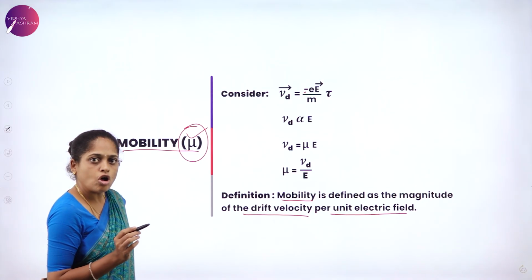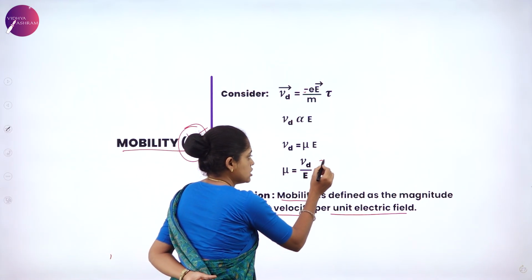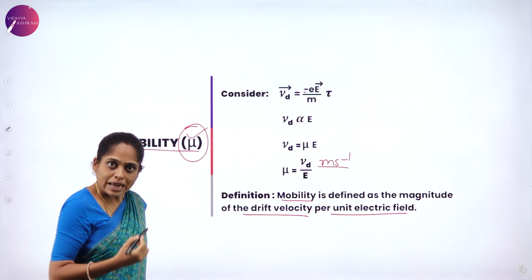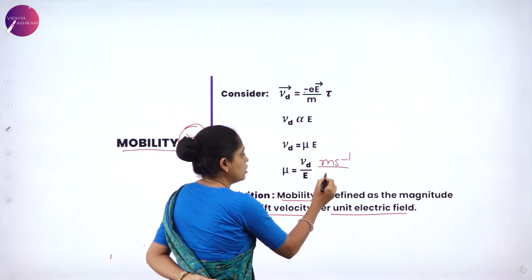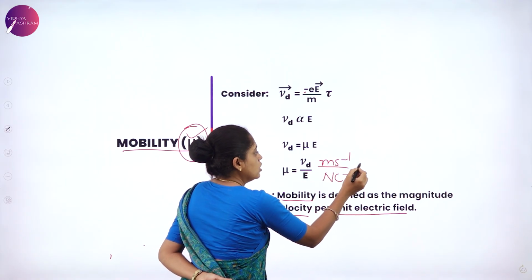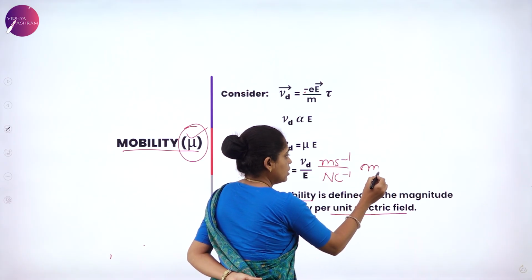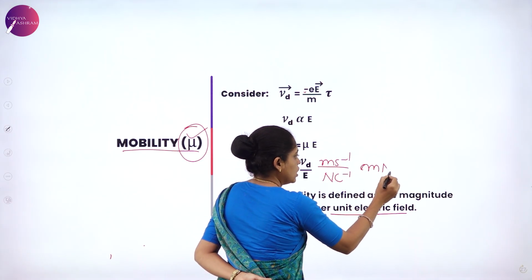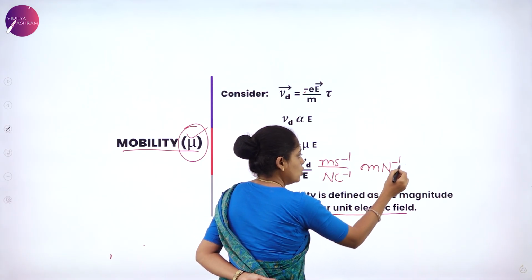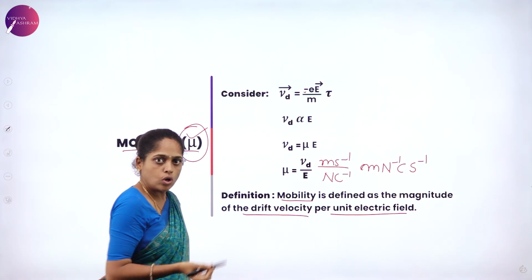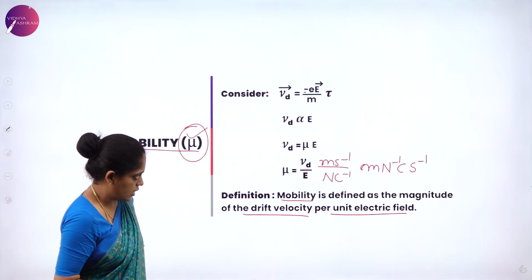You know the unit of velocity is meter per second, and the unit of electric field is Newton per coulomb. On solving this, you have meter, coulomb per Newton per second.